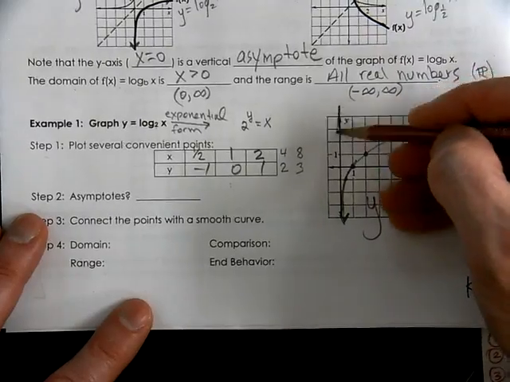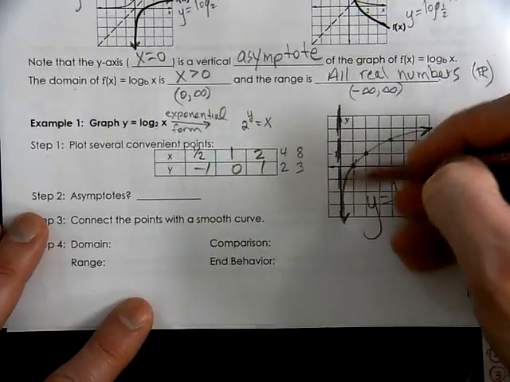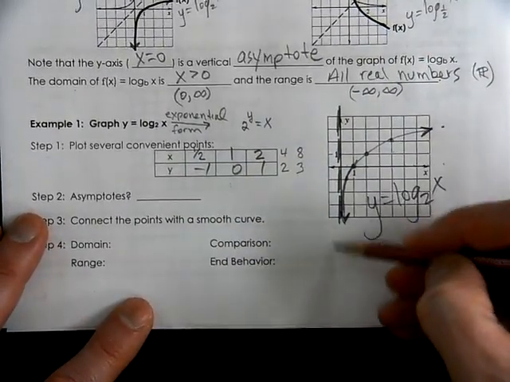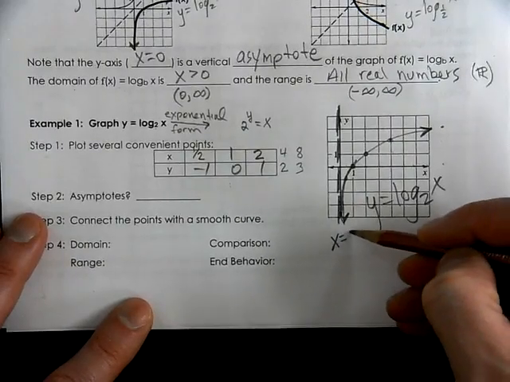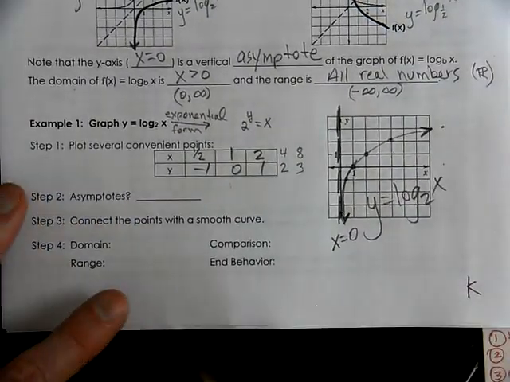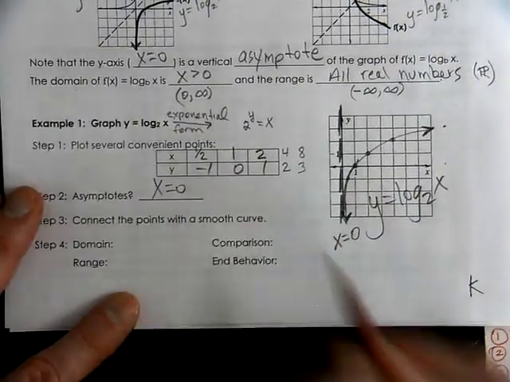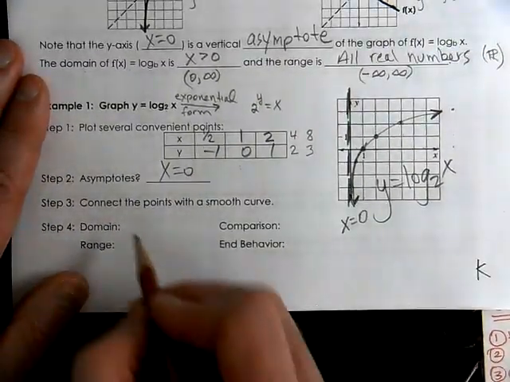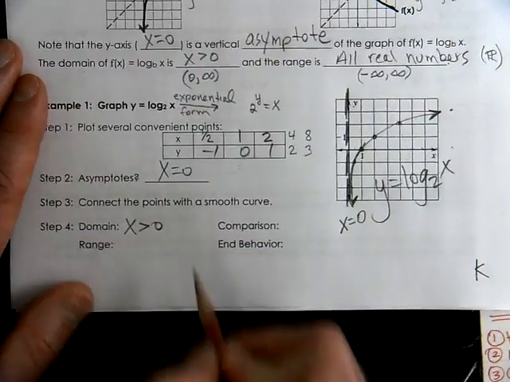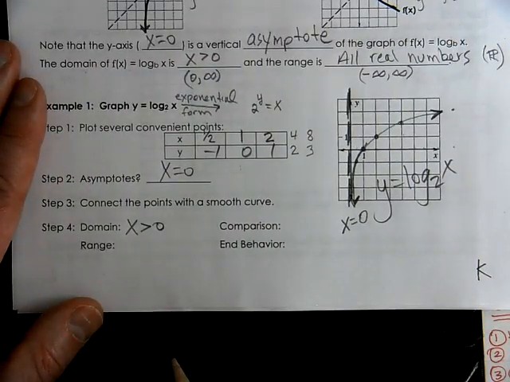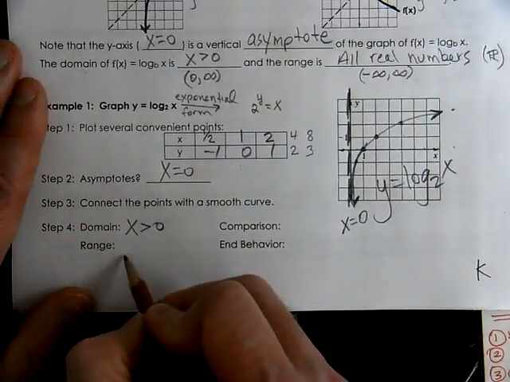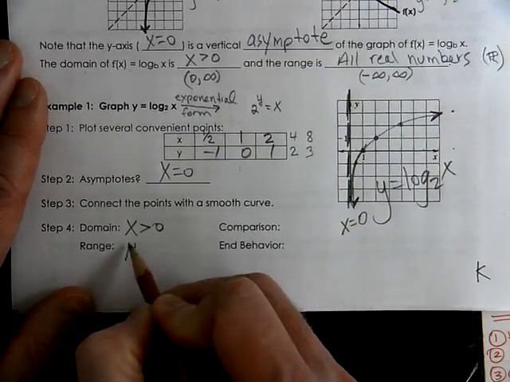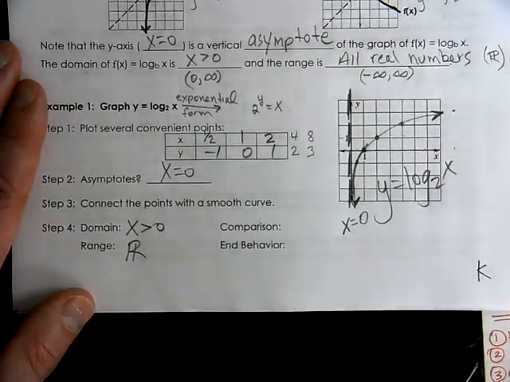That has an asymptote, and we should put our dashed line and label our asymptote on our graph. That's x equals 0. Our domain is everything greater than that, x is 0. Our range is all real numbers.